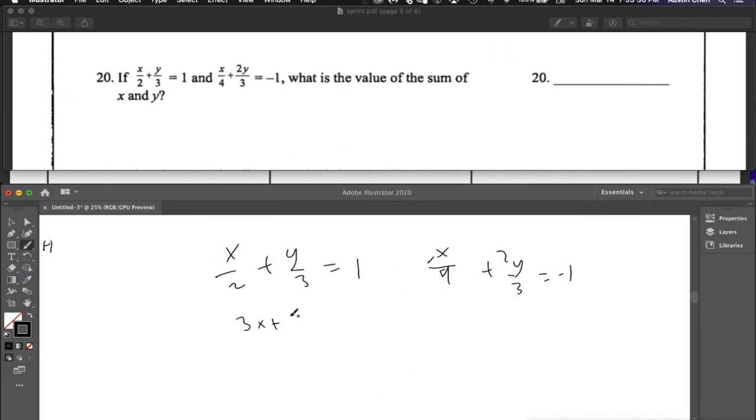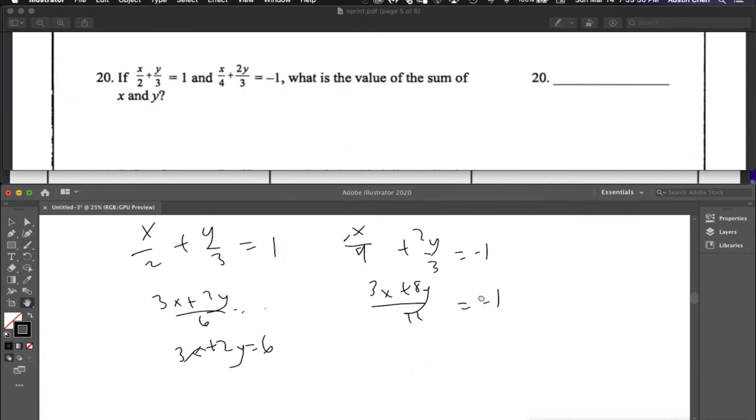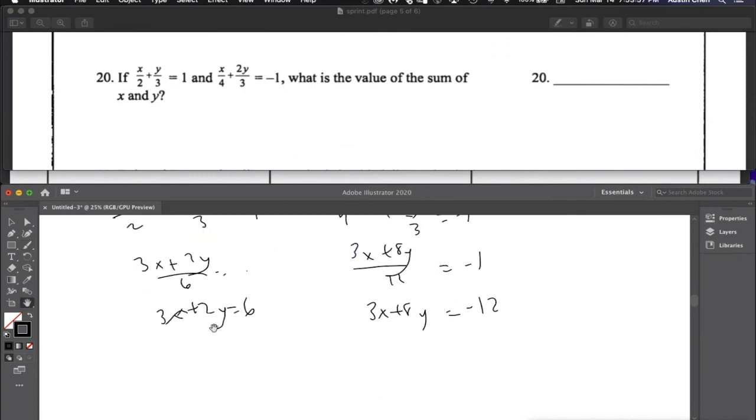But yeah, so you can have (3x plus 2y) over 6 is 1, so that's 3x plus 2y equals 6. And then we can also have (3x plus 8y) over 12 equals -1, so 3x plus 8y equals -12. Let's subtract this one from that one.